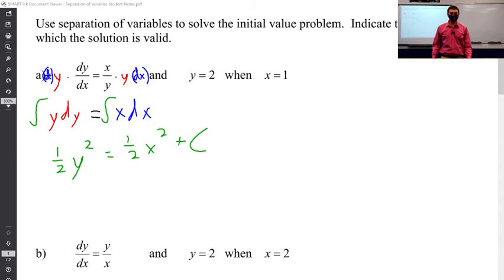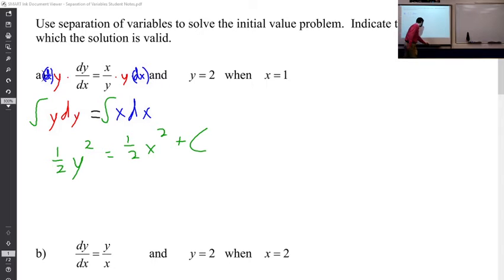So if all we're doing to it is taking the constant and changing it to a slightly different constant, and it's still a constant and doesn't have a variable attached to it, then we're still good to just call it c. So we're going to get down and solve this equation for y. We're going to get y by itself on this equation.